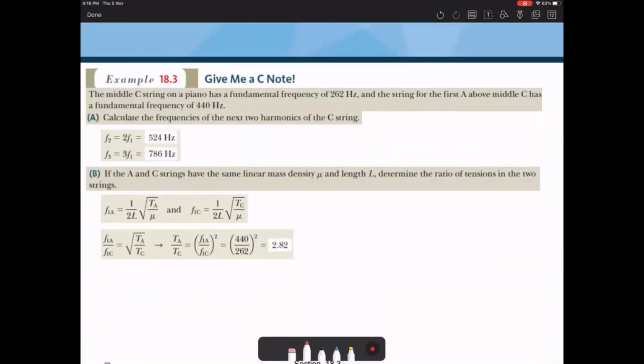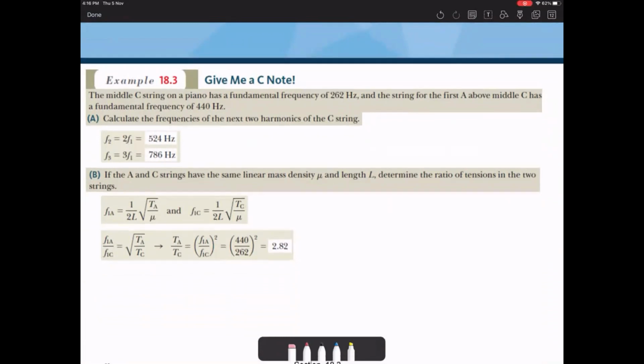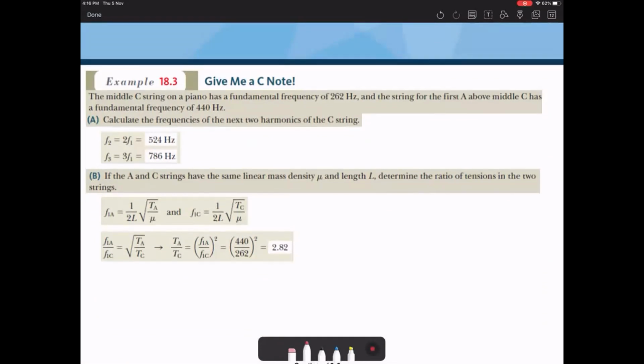So here, let's take a look at an example. We are trying to generate a note of C, which has a fundamental frequency of 262 Hertz. If you want to find the next two harmonics, in the case of a string fixed at two ends, this is the fundamental harmonic.